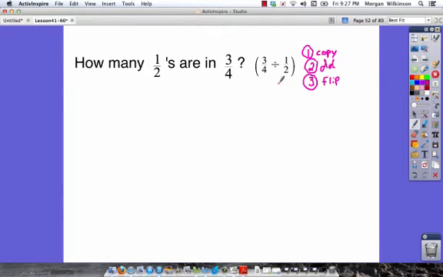So let's go through that process here. We've got 3/4 divided by 1/2. So our first step is going to be to copy. So we take that first number, 3/4. Our second step is the dot. So we're going to have 3/4, and instead of the division symbol, we now have a multiplication symbol, the dot. And our third step is to flip.